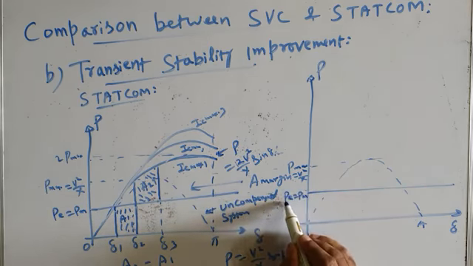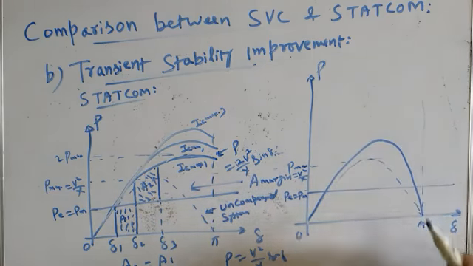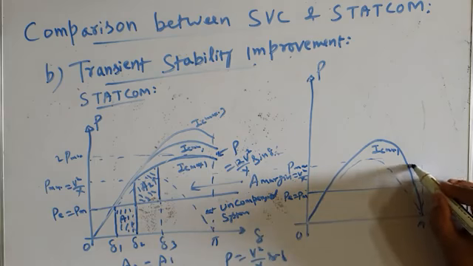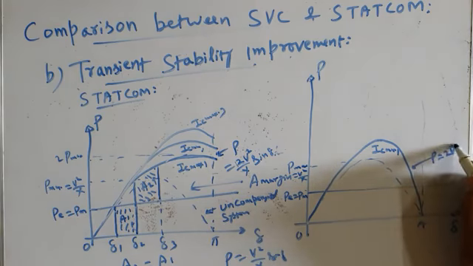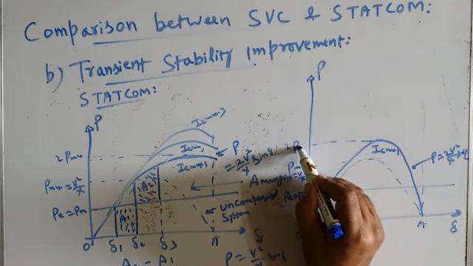Now as soon as SVC is connected, the transient stability improves. This characteristic goes up, and your curve becomes like this. Here IC is equal to IC max 1, and P is equal to 2V square by X sine delta by 2, and this becomes 2P max.